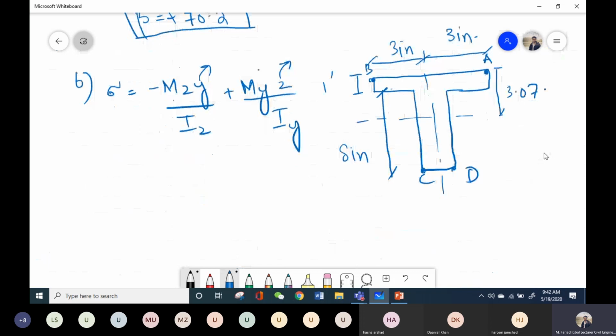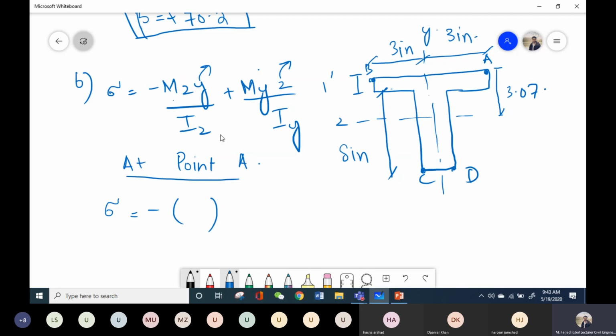So let's say we have to calculate the bending stress at point A. So at point A, sigma is equal to, again I told you before that the direction of Mz and My will depend on the axis where it is lying.